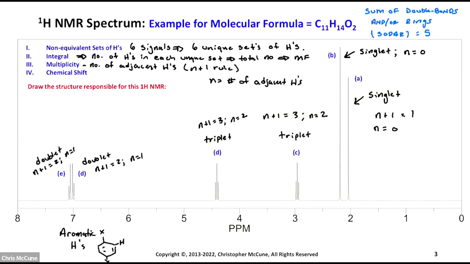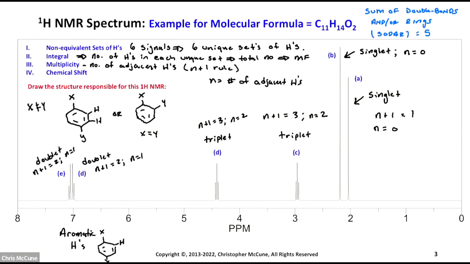So whatever ring I have here, since I only have 2 sets of hydrogens, I probably have a setup like this, where X is not equal to Y, or let's see if I could do another possibility. Maybe you have something like this, where X and Y are the same.